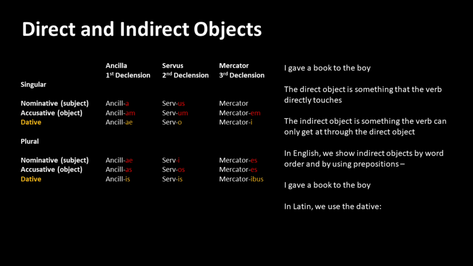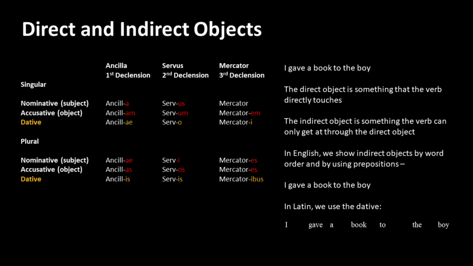Let's illustrate this by taking the sentence, I gave a book to the boy. Let's break it up and place it a word at a time, each in its own column in an invisible table. Here it is. I gave a book to the boy.